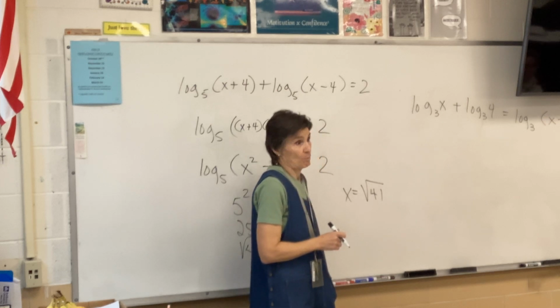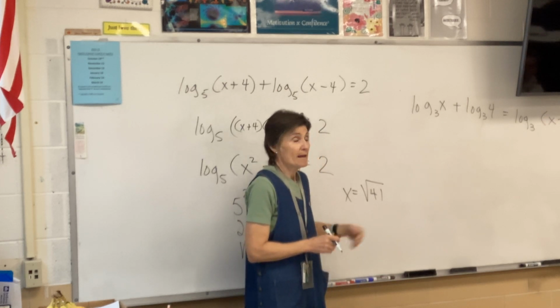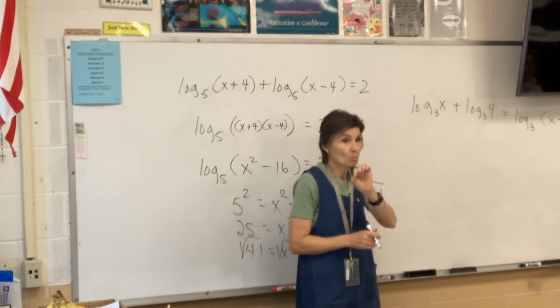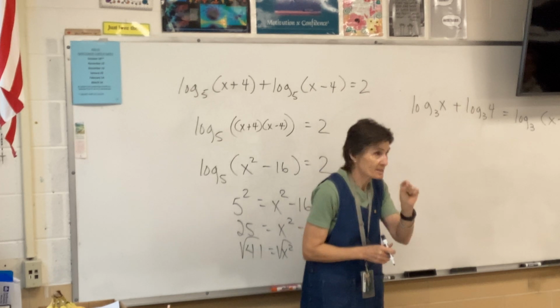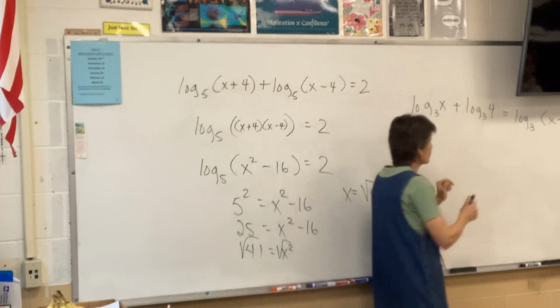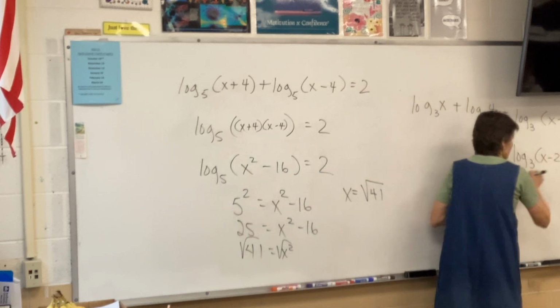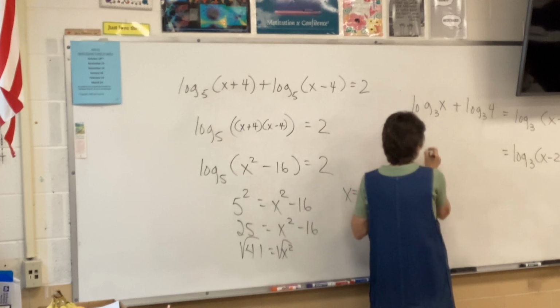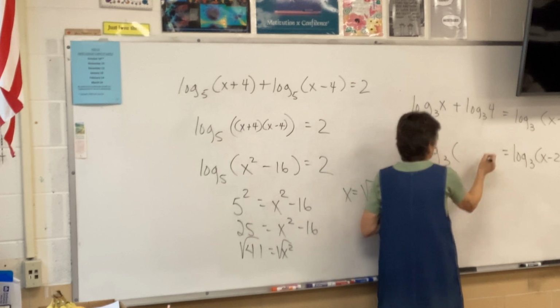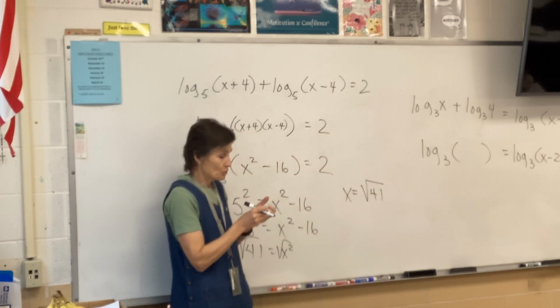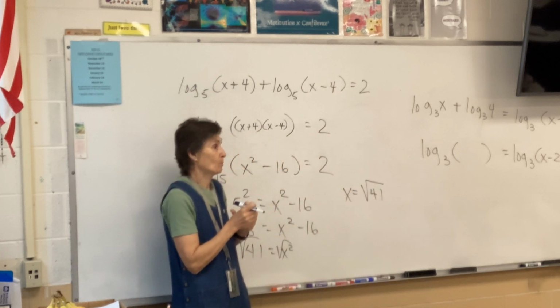There's 3 in this problem. Now, here's the rule. You can't have more than one on each side. So it's okay to have this one over here. There's nothing wrong with that. But these two have got to go together. You can't have 2 on one side.